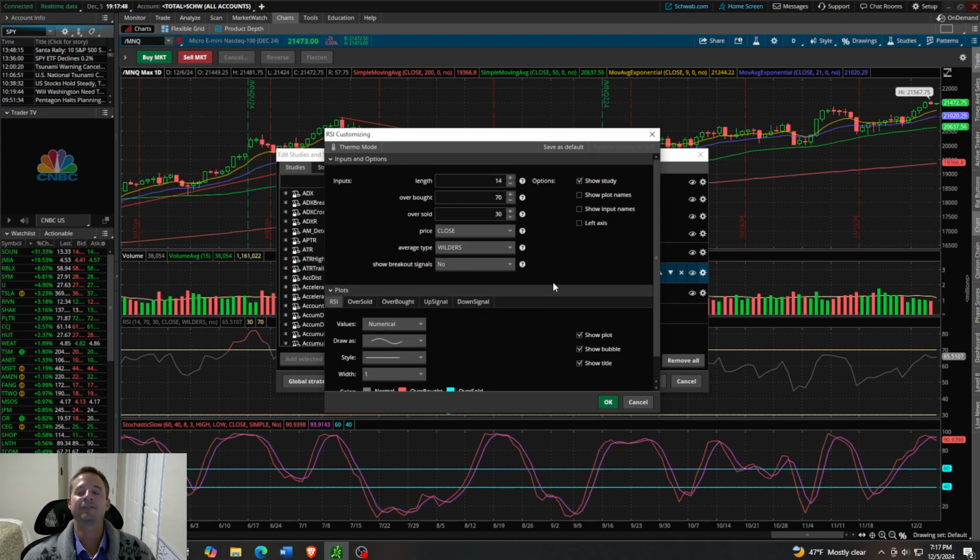This is basically on the default setting, where the length is 14, overbought 70, oversold 30. That's just where they're going to mark it. That doesn't really mean anything. It's just where the bars are. The bars here will show up. It doesn't change anything. It's just to help you visualize it.